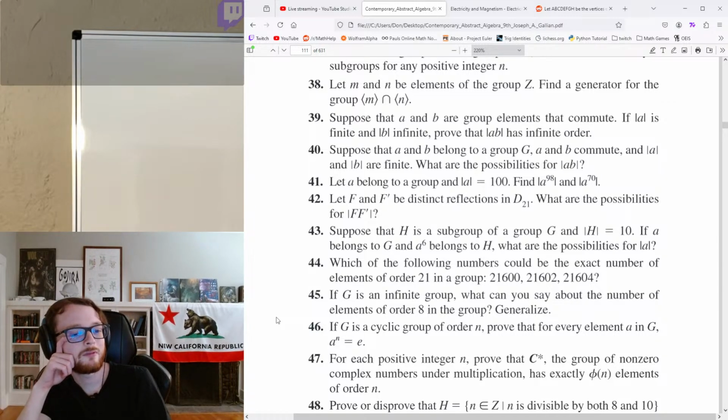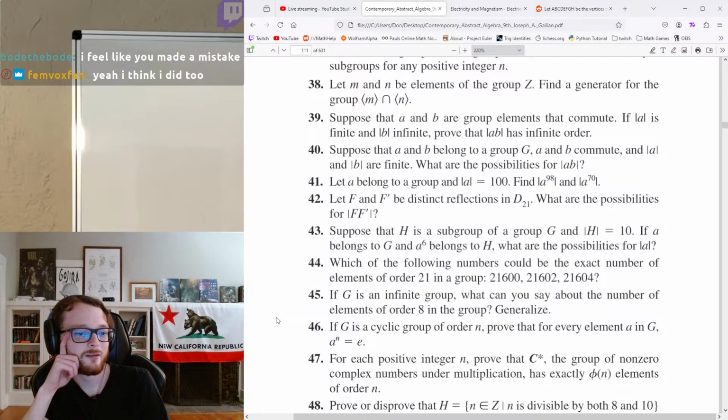Yeah, I don't think that can be true. If you multiply it back out the other way, I guess. Okay. It's an interesting thought, though.